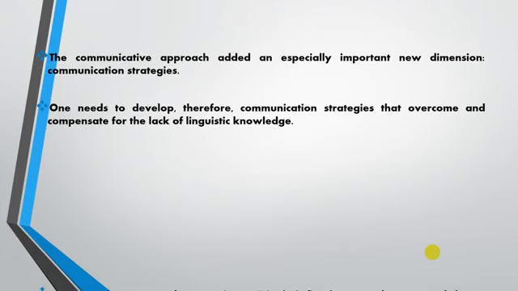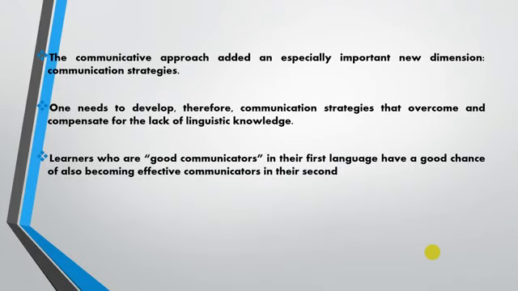Thus, learners who are good communicators in their first language have a good chance of also becoming effective communicators in their second, although they may not know the second language nearly as well as the first. We are referring here to the ability to paraphrase, use circumlocution and gestures, among other things, during spoken communication.